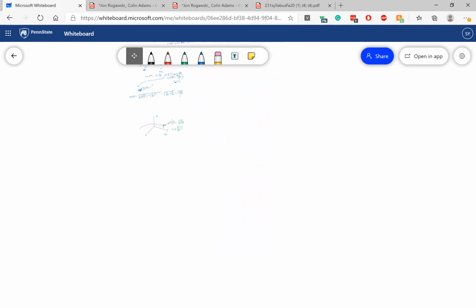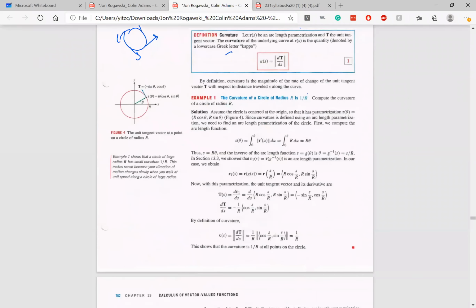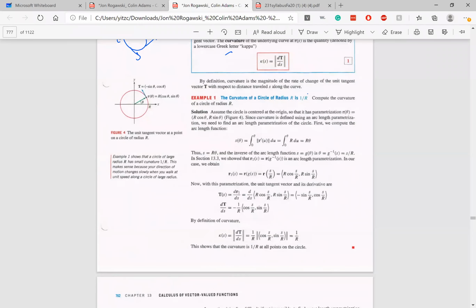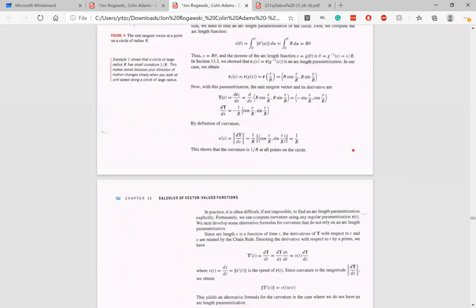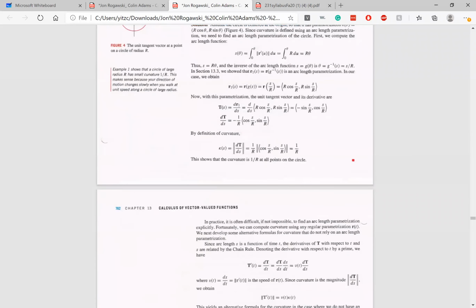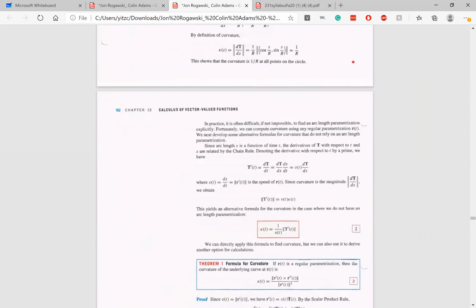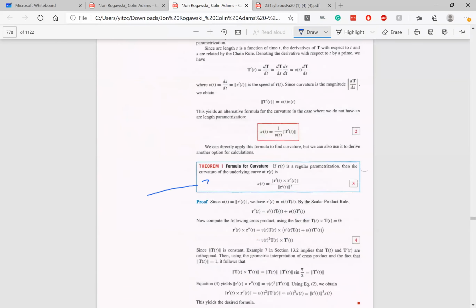Okay. So in the next example, they show you how to find a curvature of a circle. But you don't need to know how to use this formula in order to find the curvature. And it can get a little technical. It's generally better to use this formula, because the other formula you need to take an integral sometimes.